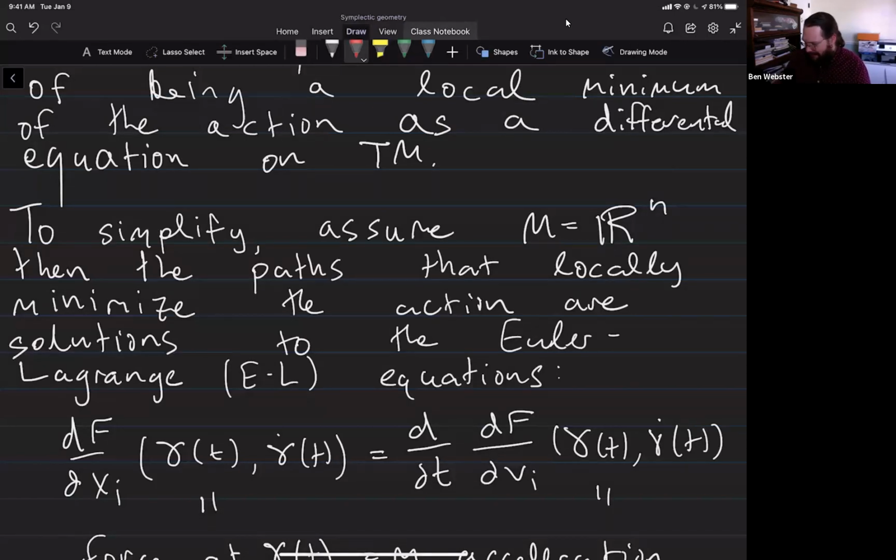So this is a slightly strange set of equations. On one side, you have the derivatives with respect to space of the action. So taking a directional derivative in the xi direction. And so note here, each side of this equation is just a number, right? You take the directional derivative in a function along a coordinate direction, that's a number.